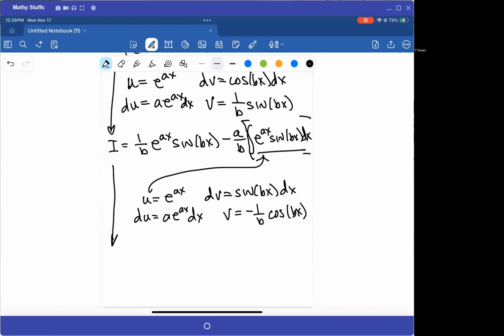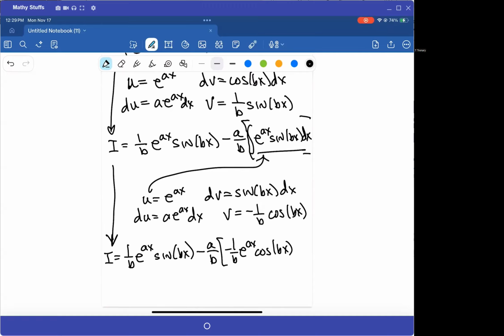So what we have now is I equals 1 over b e to the ax sine of bx minus a over b times u times v. So that's negative 1 over b e to the ax cosine of bx.